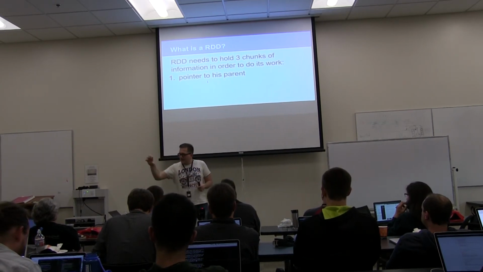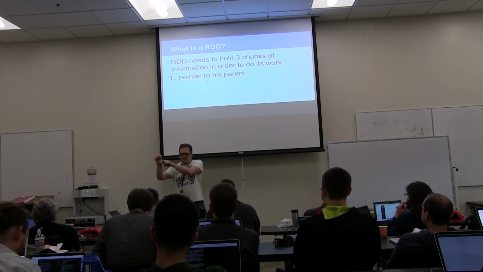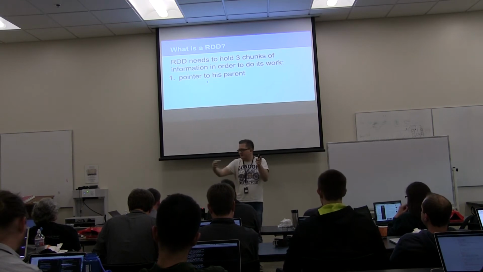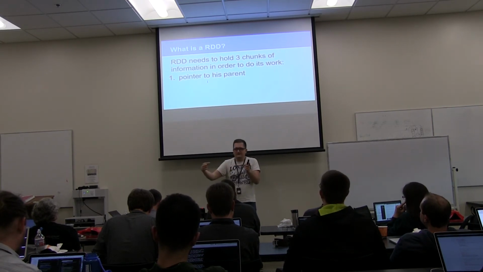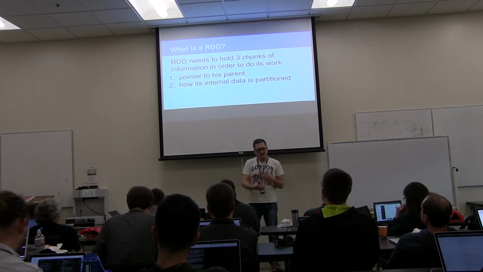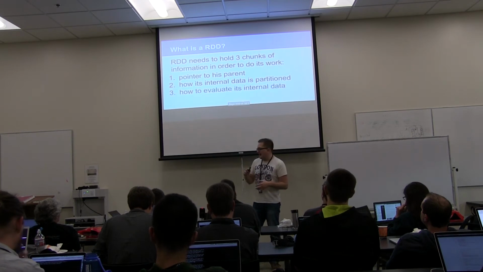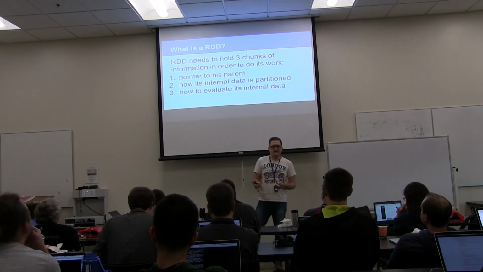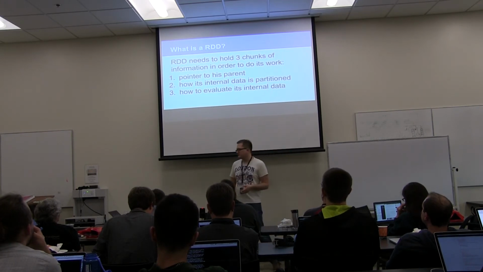If we run count on the last one, for it to be computed, it needs to know its history, its parents, the lineage. It also needs to know how to partition its data internally, and how to evaluate itself on each of those partitions.